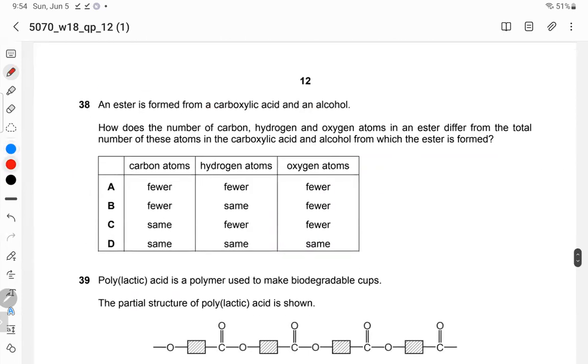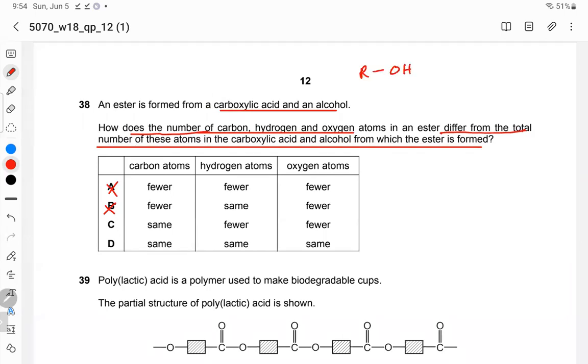Question 38. How is an ester formed from a carboxylic acid and an alcohol? How does the number of carbon, hydrogen, and oxygen atoms in an ester differ from the total number of these atoms in the carboxylic acid and alcohol? So the number of carbon atoms remains the same. If you recall, this is an alcohol, and here we have a carboxylic acid.